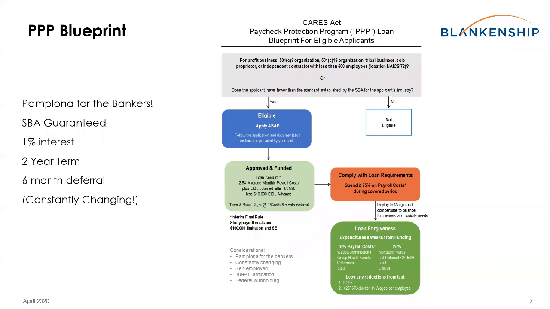So then with respect to the banks, we've seen some banks ask for an enormous amount of information and others a more sparse checklist. SBA came out with guidance on Saturday, guidance for the banks, saying that the borrower is primarily responsible for calculating the average monthly payroll costs.